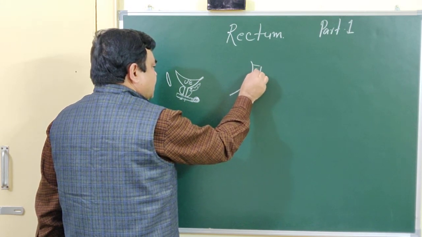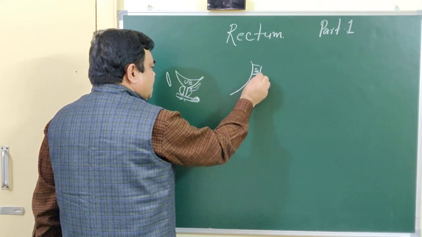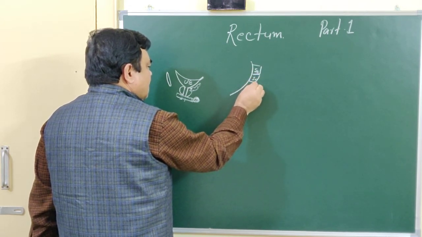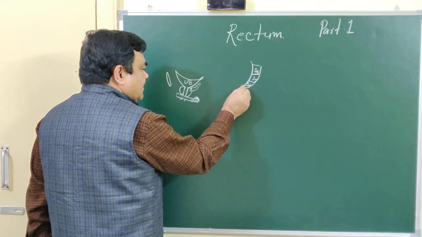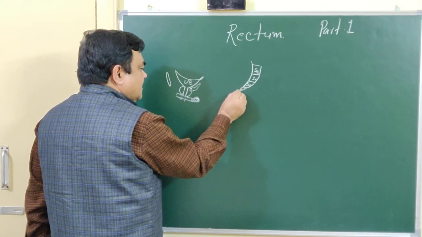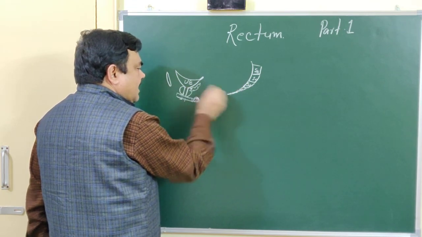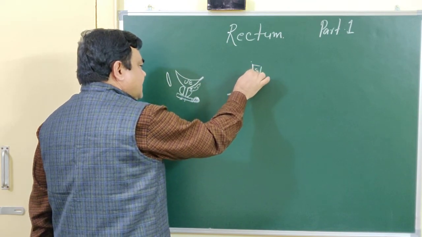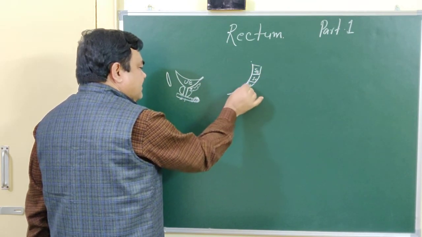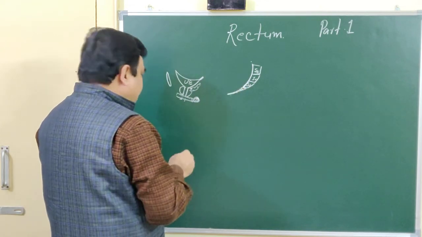This is the S3 segment of the sacrum. This is S4. This is S5. Here is the coccyx. This is the anococcygeal ligament. So this is S3, S4, S5 segment of the sacrum. Here is the coccyx and this is the anococcygeal ligament.